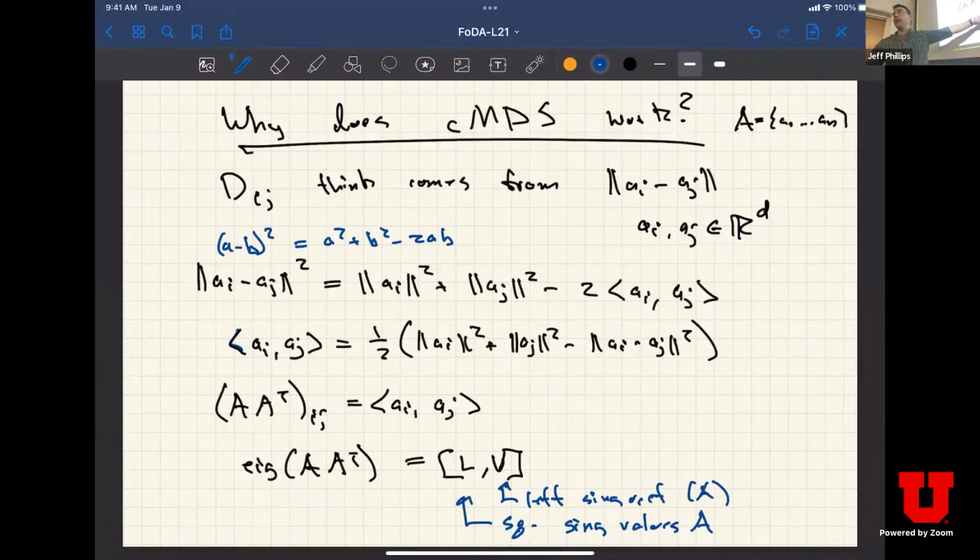I can do the eigen decomposition, which gives me the singular value decomposition.